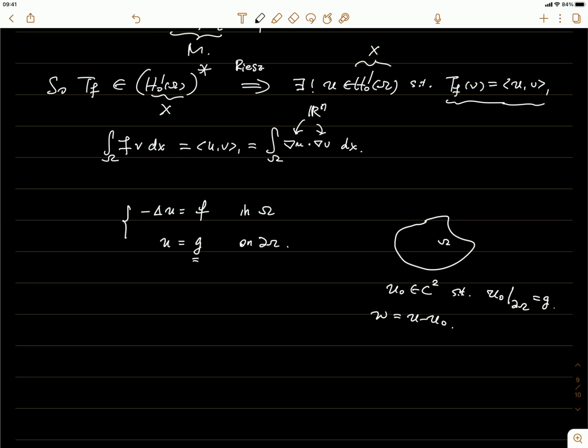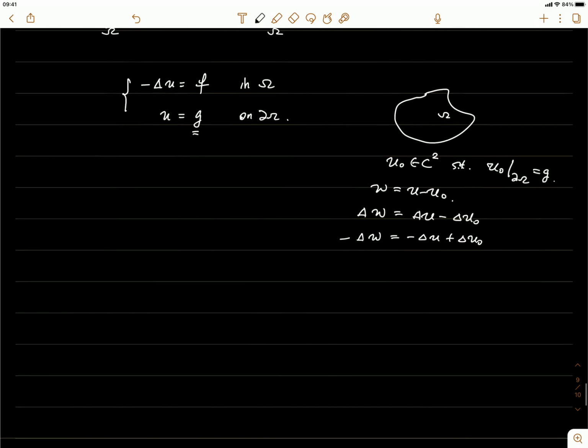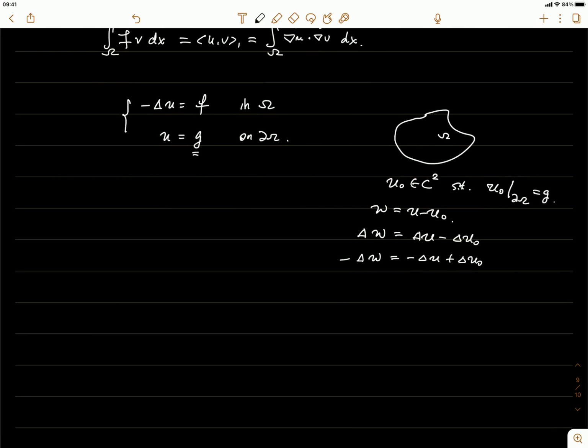Because in this case, when we take the Laplacian on both sides, we have Laplacian w equals Laplacian of u minus Laplacian of u_0. Okay, and now we know negative Laplacian of w is equal to negative Laplacian u plus Laplacian u_0. But remember, this u_0 is something you already obtained, so you can compute its Laplacian.